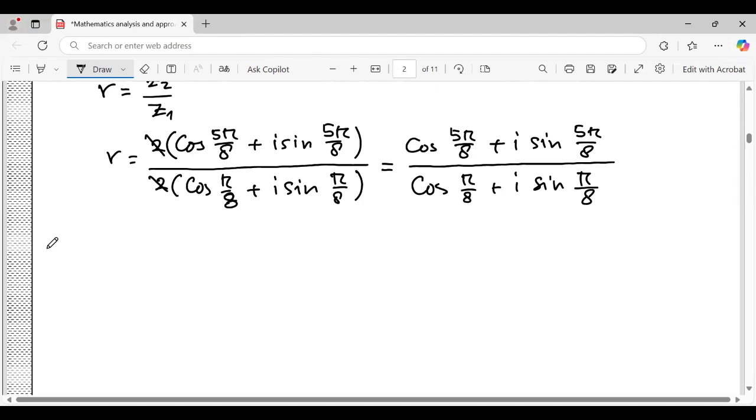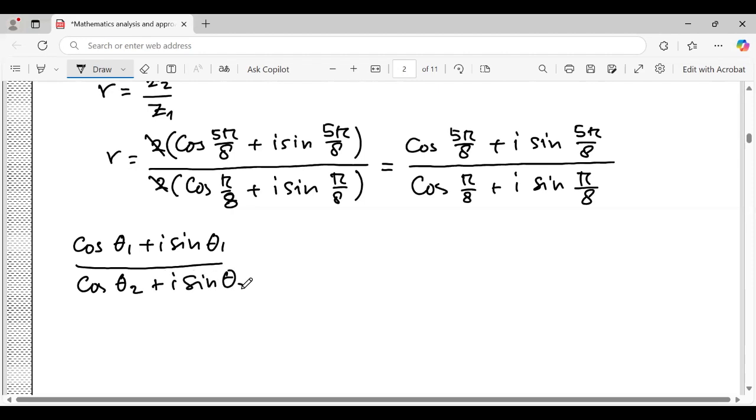Just for my notes for the next step: cosine theta 1 plus i sine theta 1 over cosine theta 2 plus i sine theta 2 is cosine of theta 1 minus theta 2 plus i sine of theta 1 minus theta 2.